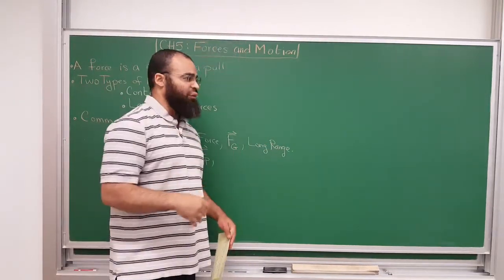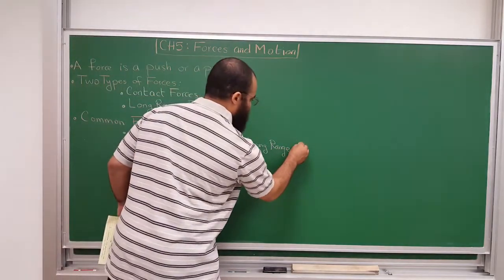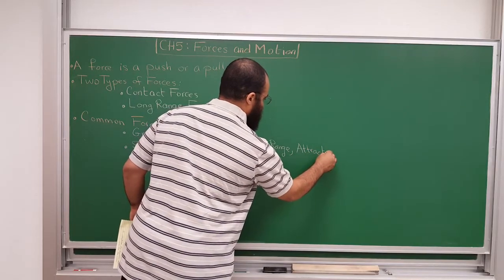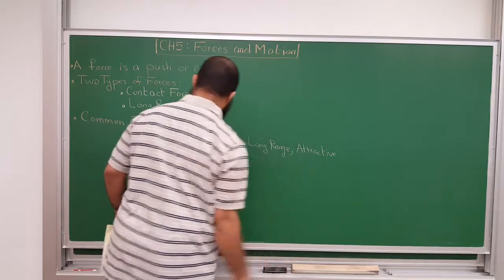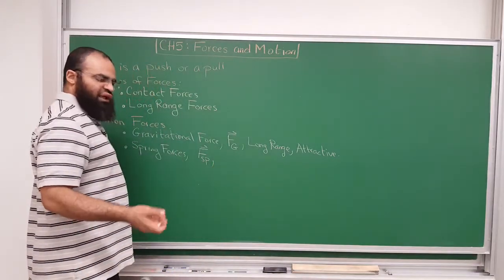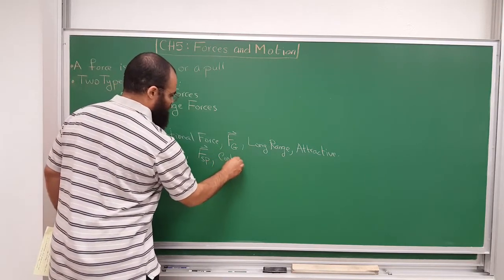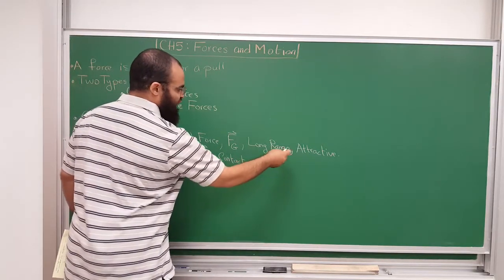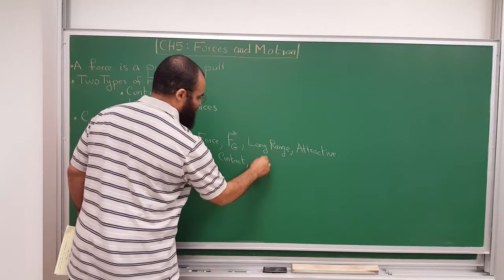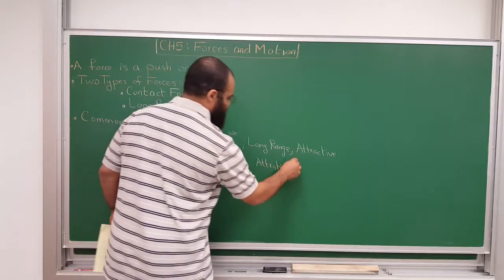It never repels you. So it's always attractive. The spring force is a contact force. You have to be in contact with the spring. It actually can either attract or repel. It can be attractive as well as repulsive.